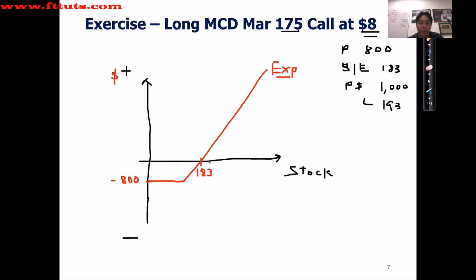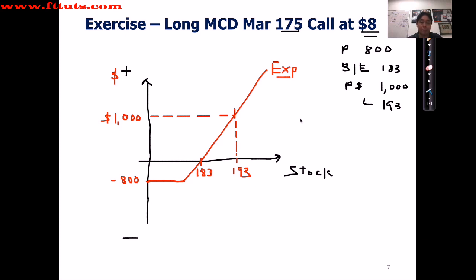And if the stock price goes to 193, which is somewhere over here, how much would we make? If it goes to 193, we should make $1,000. There you go.